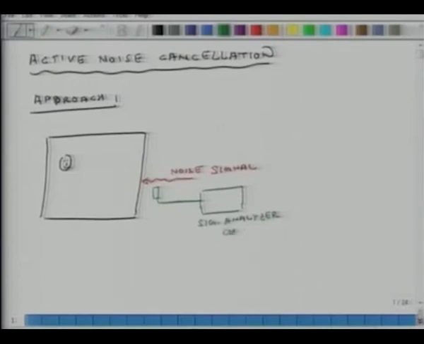It also generates correction signals and amplifies them to the appropriate level for every frequency, and that signal is then fed back to a transducer.